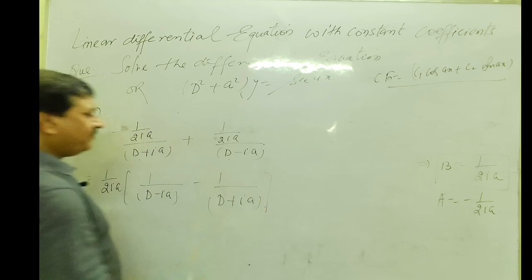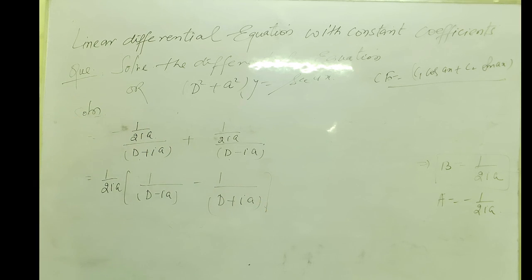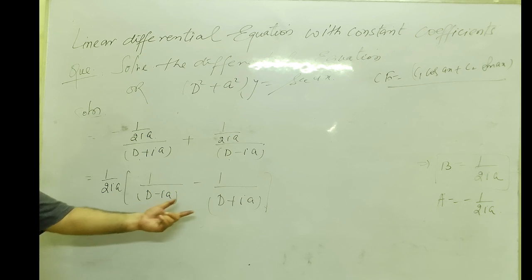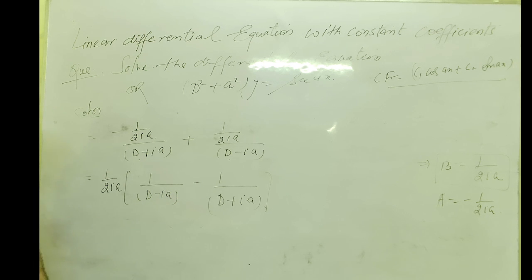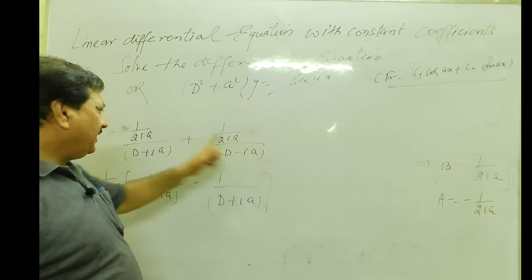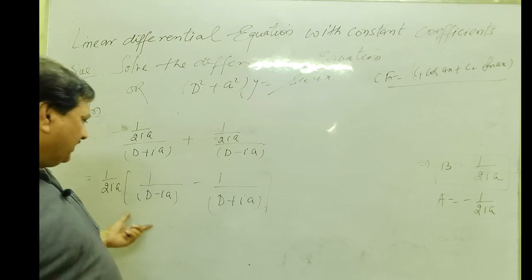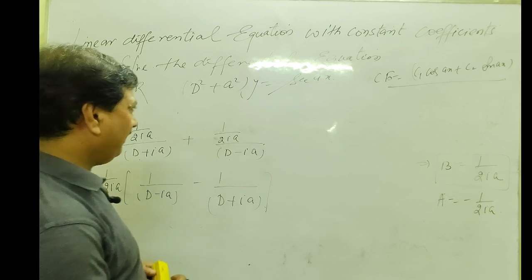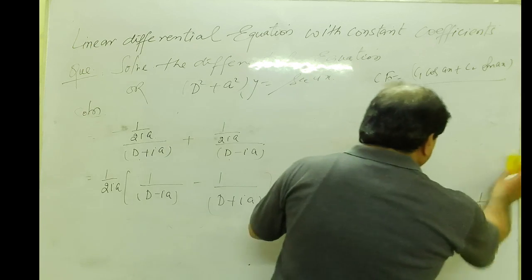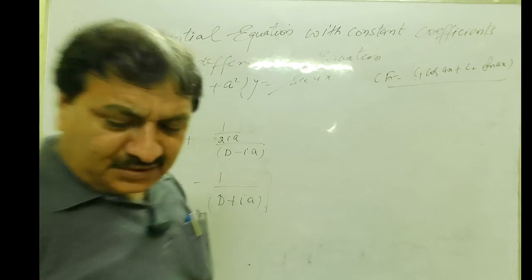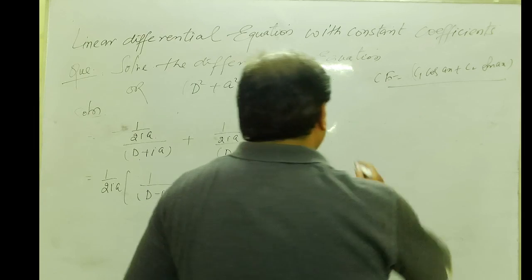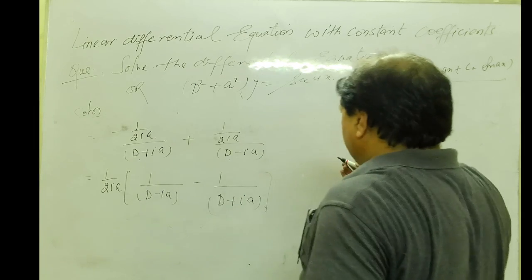Clear? Put this value in equation first, equation A, and multiply by sec ax. This is the final answer. Multiply by sec ax and put in the value, because my first term in this question again repeats equation A.